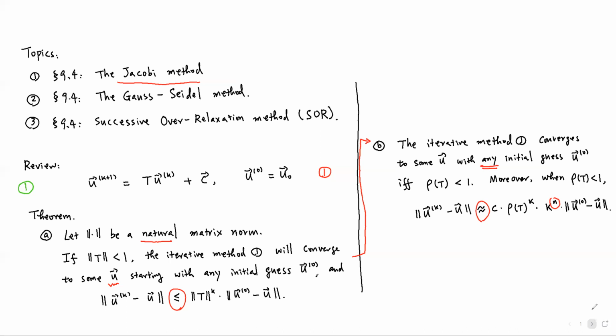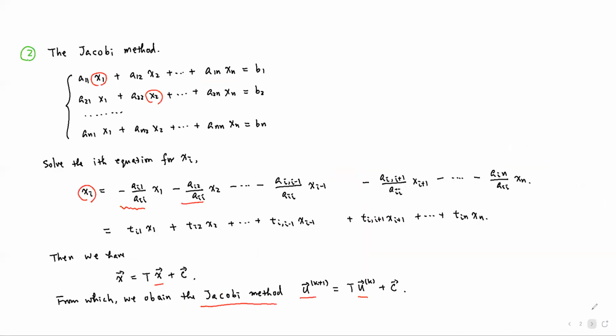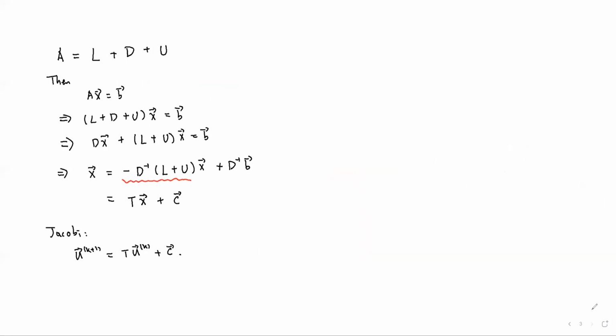So computing the spectral radius is not a practical way to get to know whether Jacobi converges or not. But about the convergence of the Jacobi method, actually we have a more handy criterion.